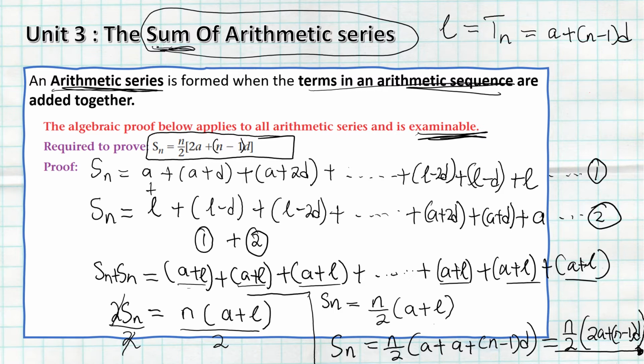This proof is very important because it's examinable. They can give you a question: prove that the sum of n terms of an arithmetic sequence is n over 2 into 2a plus n minus 1 d. So you have to follow this proof in order to prove that.